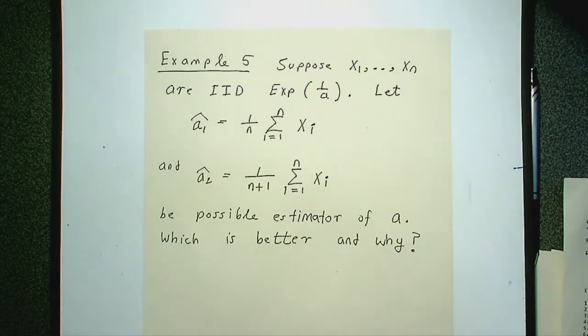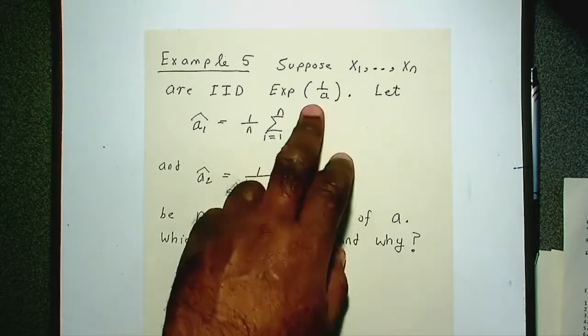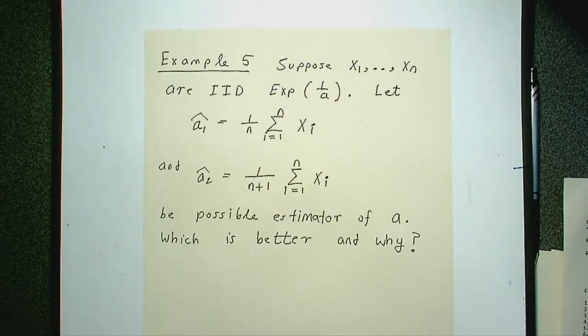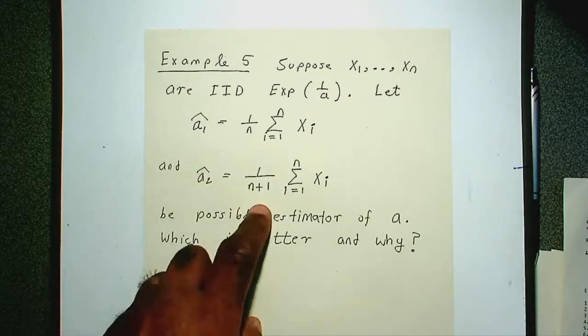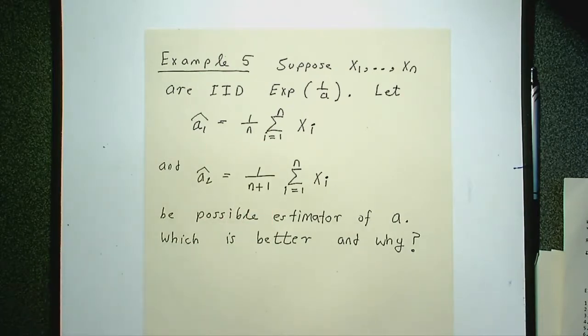This is a slightly different kind of question. So you have a random sample from an exponential distribution, and we have two possible estimators for A, this one and this one. And the question is, which one is the better estimator? Remember what I said to you this week or last week, if you have two estimators, how do you decide which one is better?